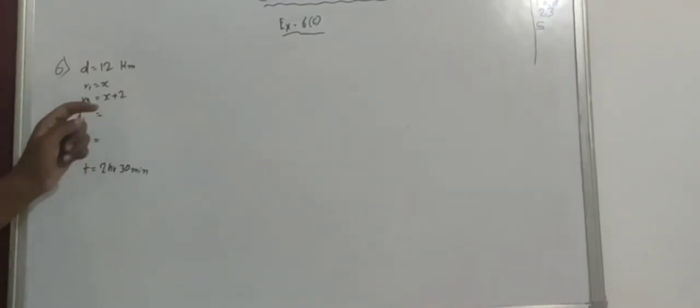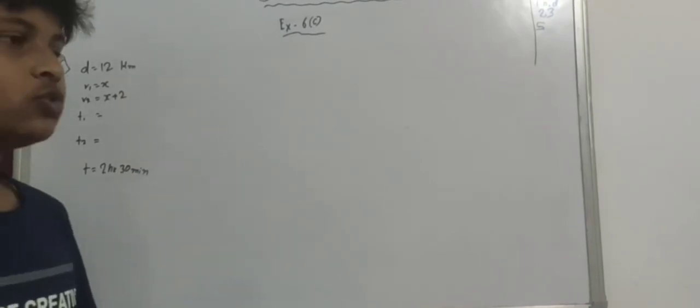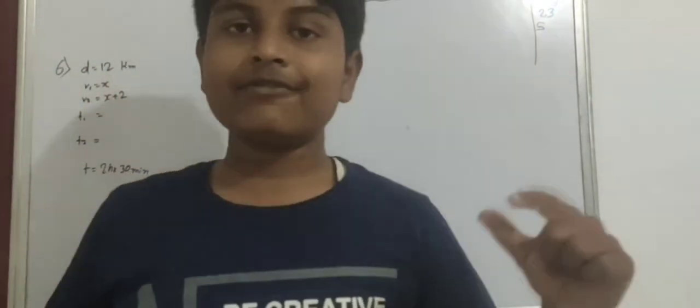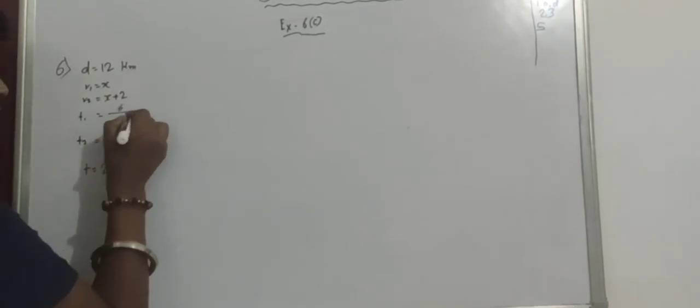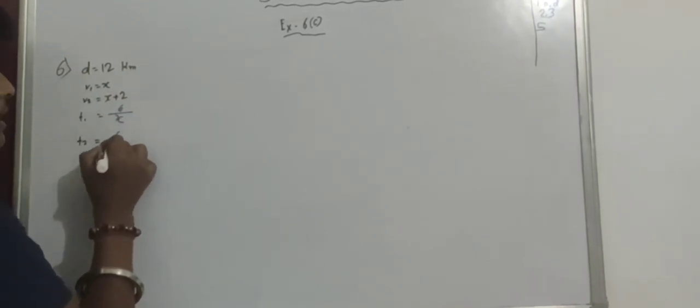So the distance to be covered totally is 12. Half is done with the speed of x and half is done with the speed of x plus 2. So friends, in the question you may miss that it is written half the distance. So half of 12 is 6, so 6 by x and 6 by x plus 2.